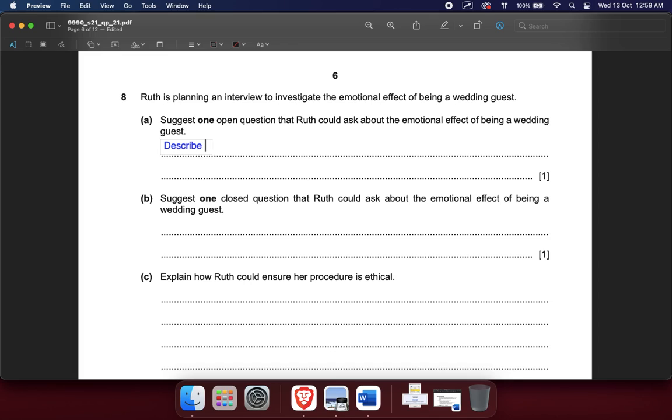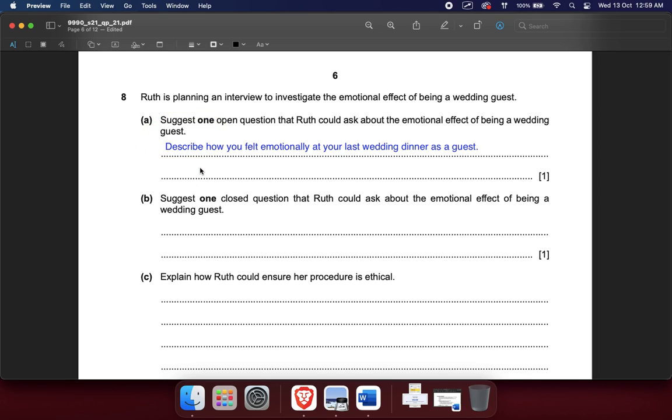What are we testing? Emotional effect of being a wedding guest. So describe how you felt emotionally at your last wedding dinner as a guest. So this is open-ended, because it's asking them to describe.